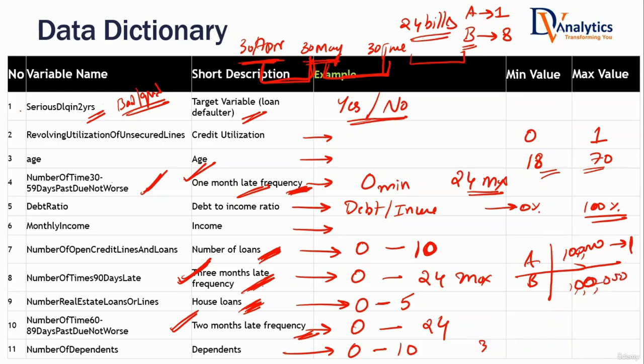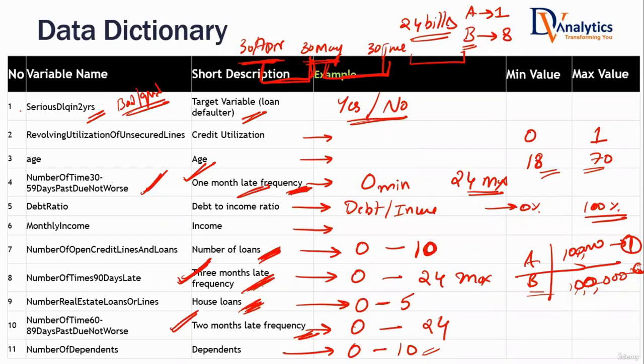Somebody with 5 dependents, somebody with 1 dependent. So more dependents, higher chance of defaulting. That's what we are assuming from the business point of view, but the data will tell us whether dependents have an impact or not. As of now, it deserves to be there.